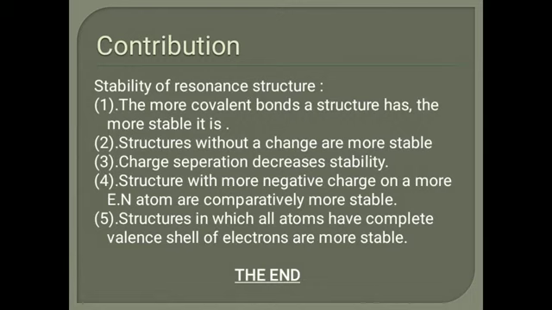And the fifth one, the structures in which all atoms have a complete valence shell of electrons are more stable. If we are studying a structure of a molecule in which the atoms' valence shells are complete, then there will be more stability than the other ones. So this is the presentation of organic chemistry. Thank you.